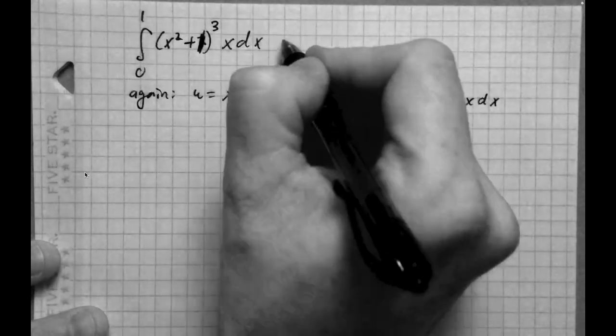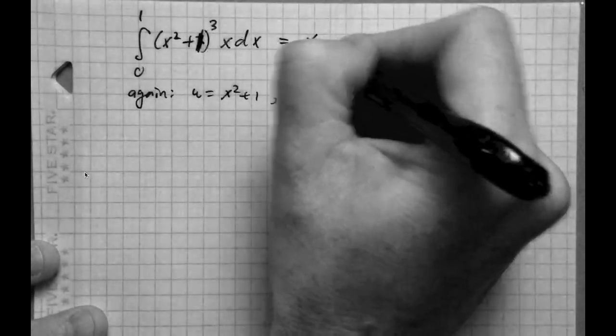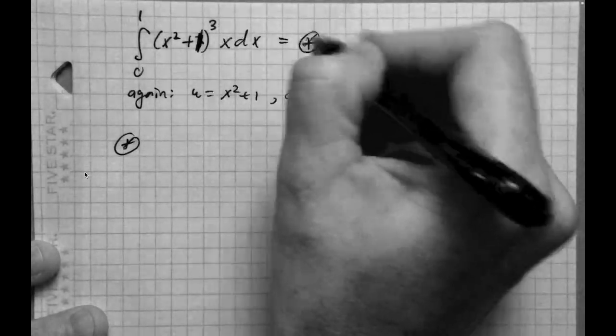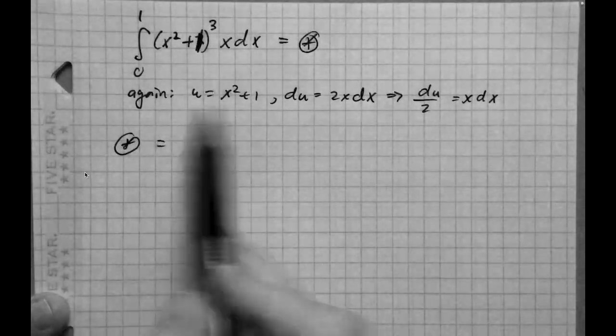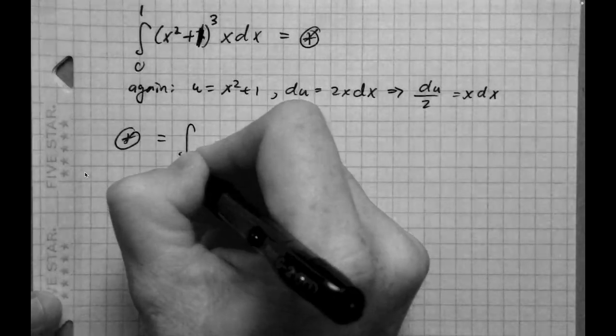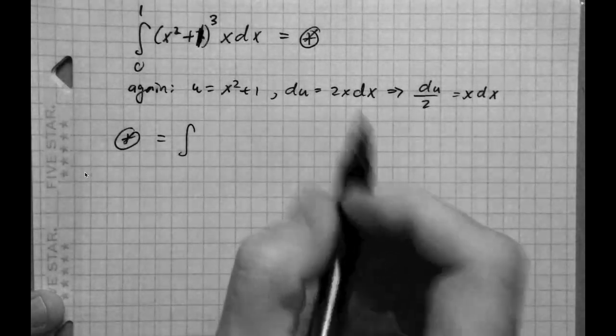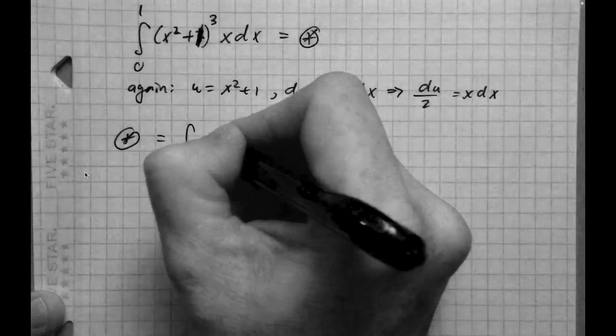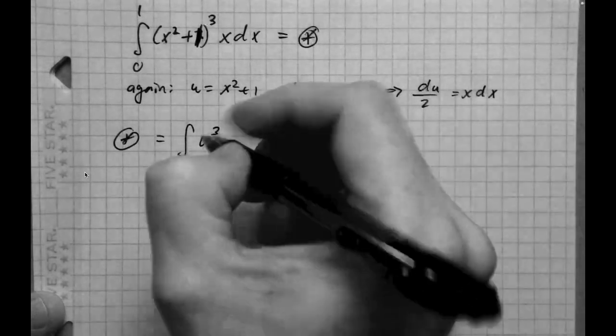Okay, we can plug all this into it, and let's leave the bounds off for a moment. I would get u cubed times du over 2.